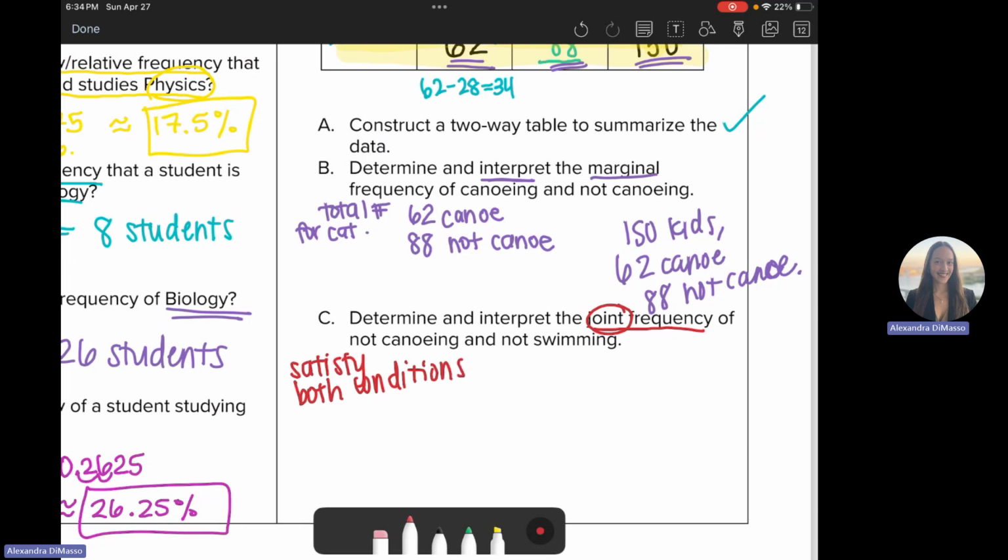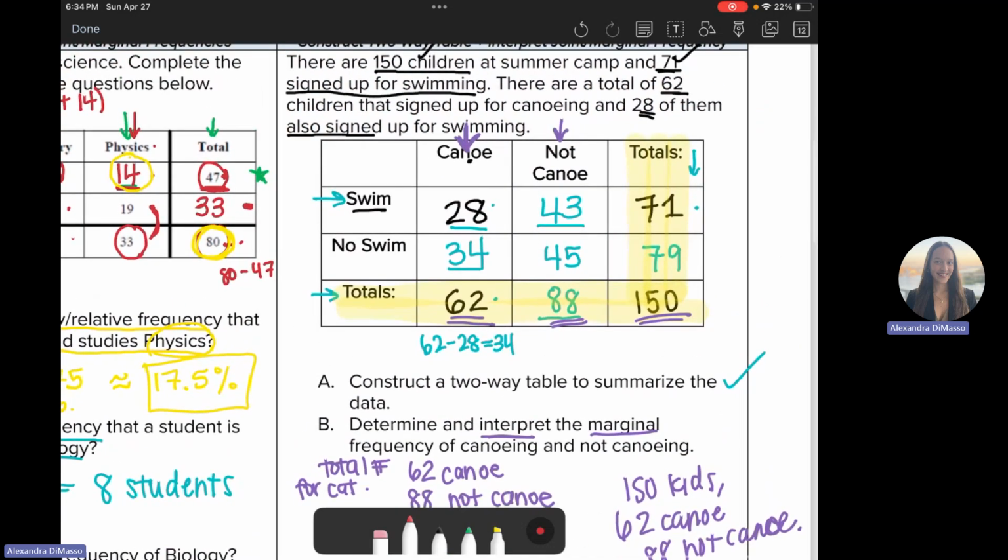So I really should only get one number, because how many kids are not canoeing and not swimming? So I come up here, not canoeing and not swimming. Those two meet right here at 45.